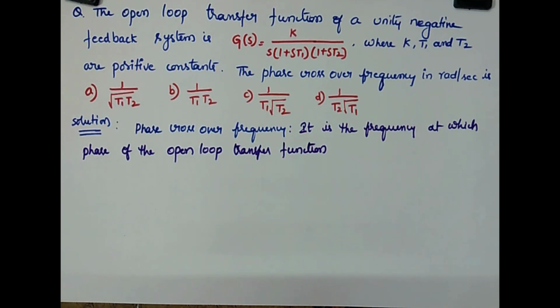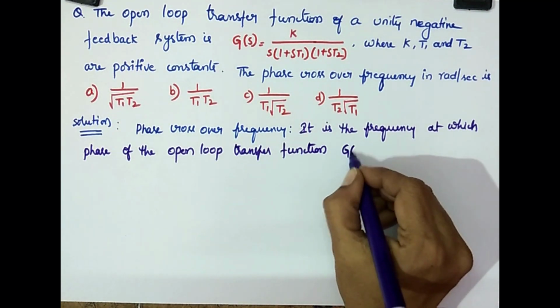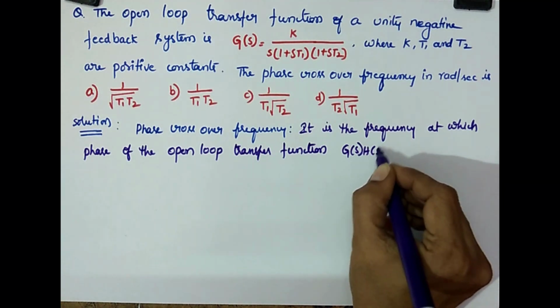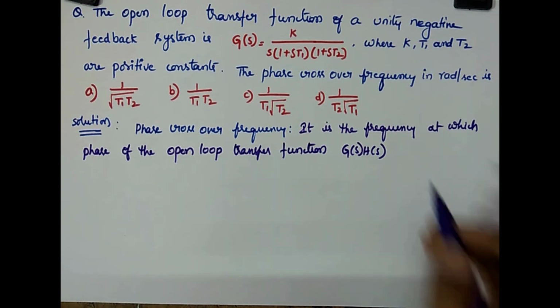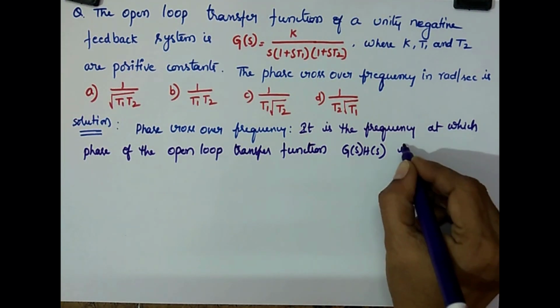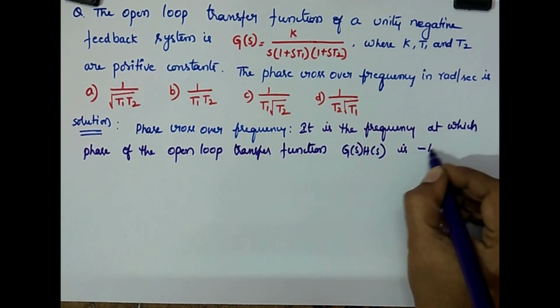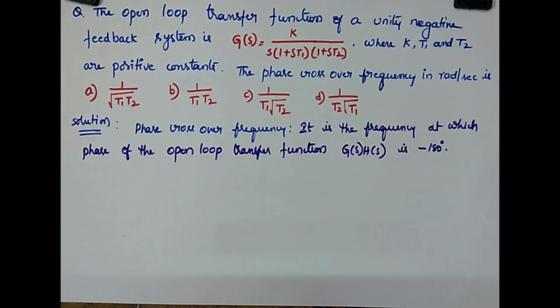G(s) into H(s). So it is the frequency at which the phase angle of the open loop transfer function G(s)H(s) is minus 180 degrees. That is the definition.